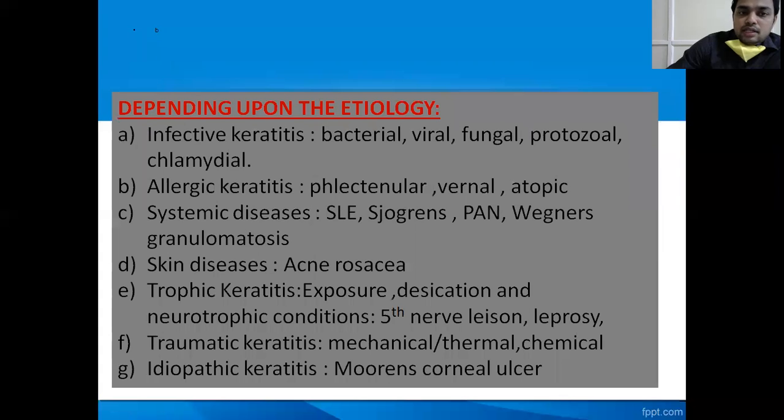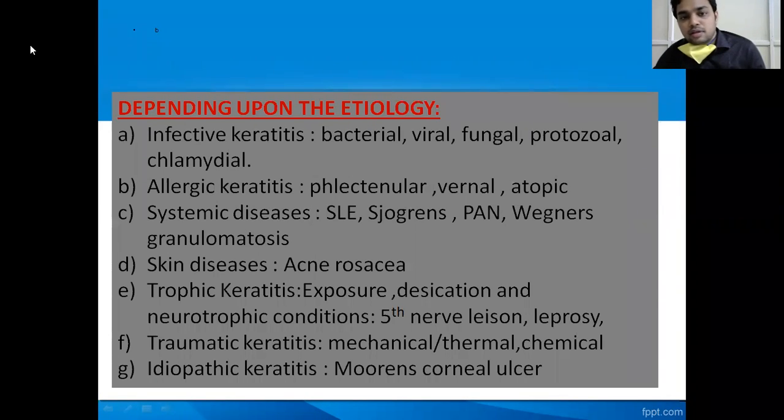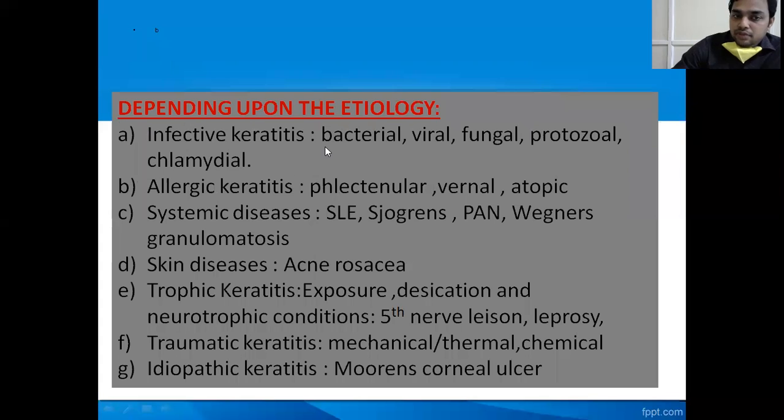Coming to the etiological classification, based on infective, if it is infective, it is of the following types. Infective keratitis is caused by either bacteria or fungi, viruses or protozoa. These are the common examples of infective corneal ulcers. And ulcers may occur secondary to allergic conjunctivitis also.